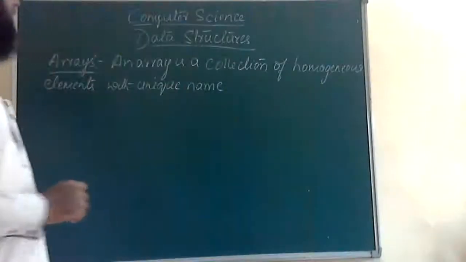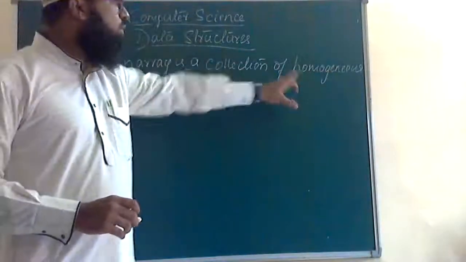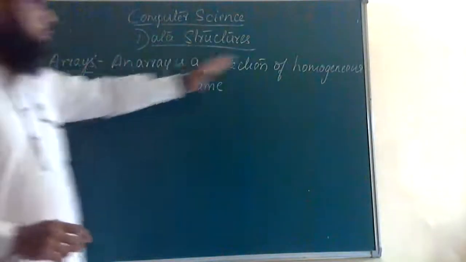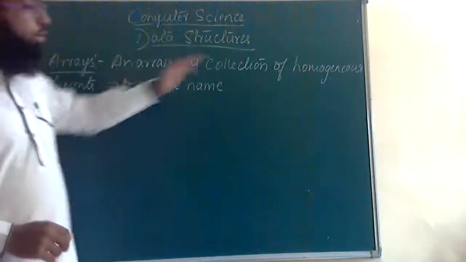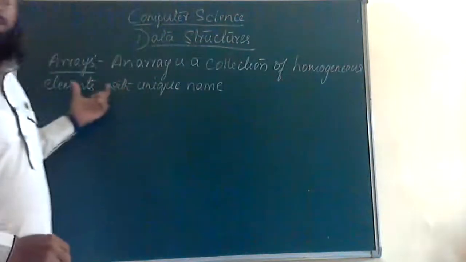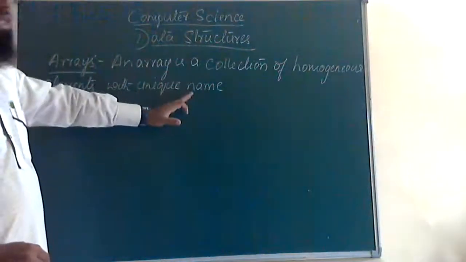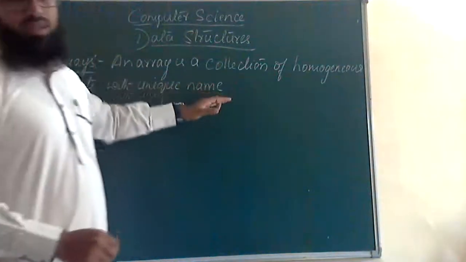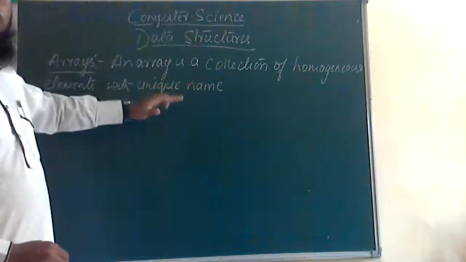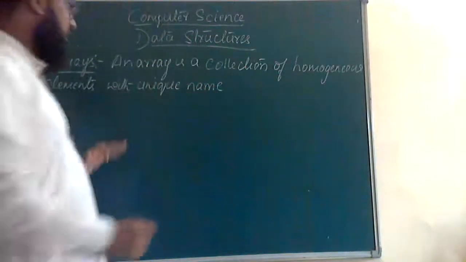So an array can be called a collection of homogeneous elements. You already know homogeneous and heterogeneous. Homogeneous means same kind of elements. It is a collection of same kind of elements with unique name. Unique name means every element has its own unique and separate name.